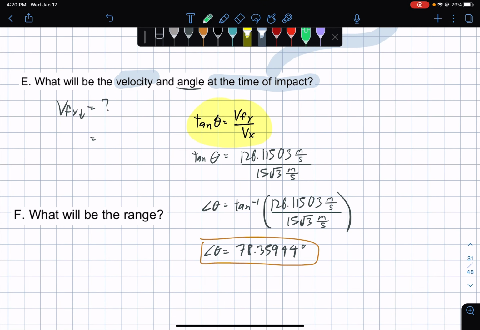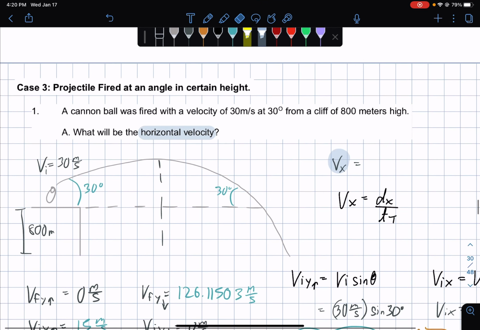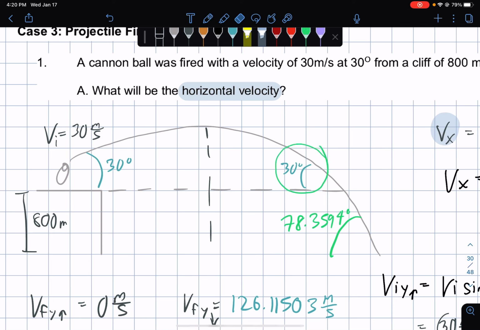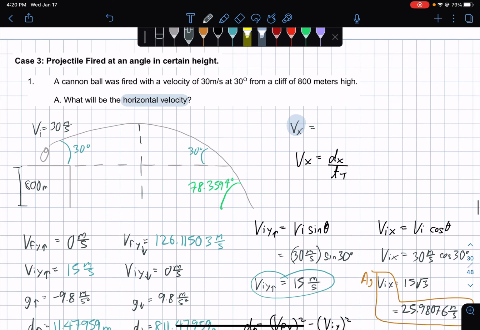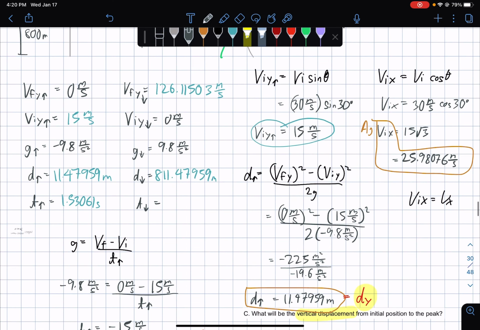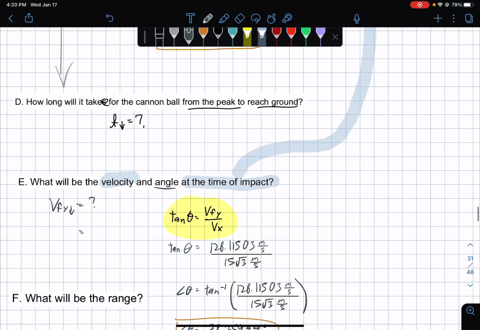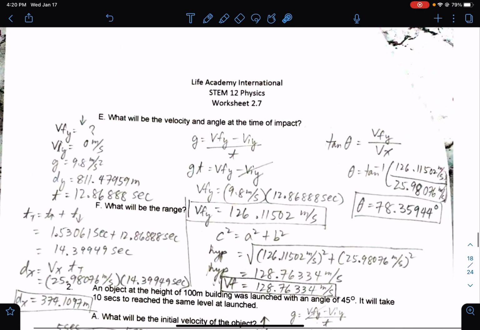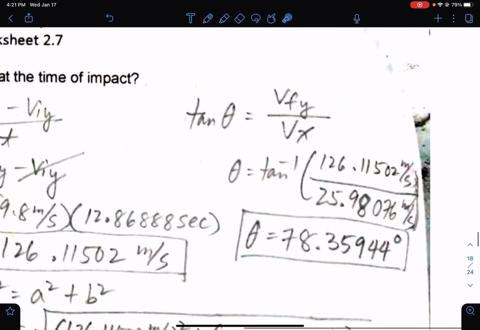Where do we write that? It's this angle over here. As you can see, the angle here and the angle here are different. Let's see if we got it. Okay, yes, 78 point something.